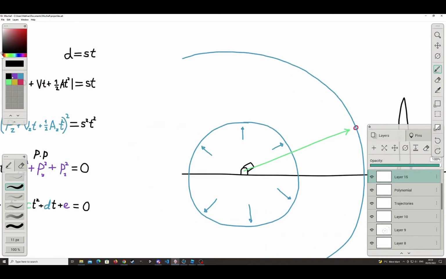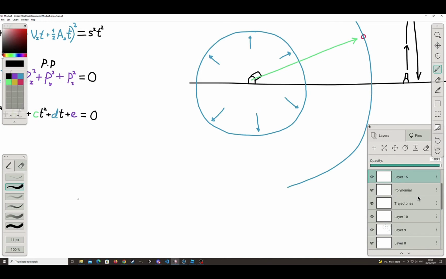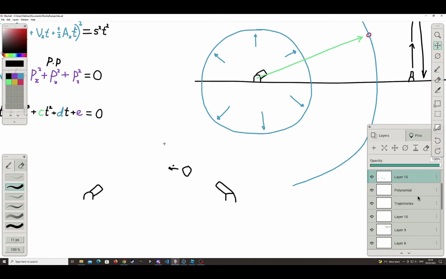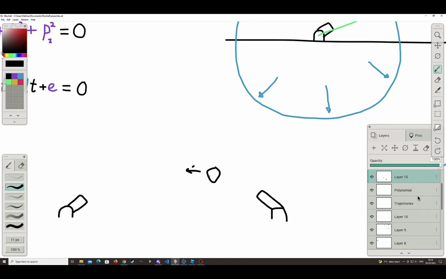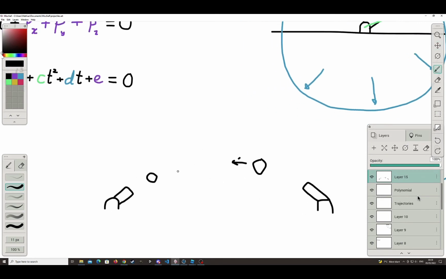But if it is moving, let's say you have a cannon again, and you have another cannon, and this cannon has shot a projectile. It's flying towards you, and you want to find out, how can I intercept this cannonball?